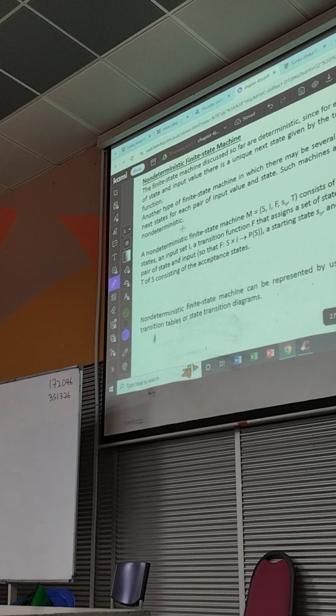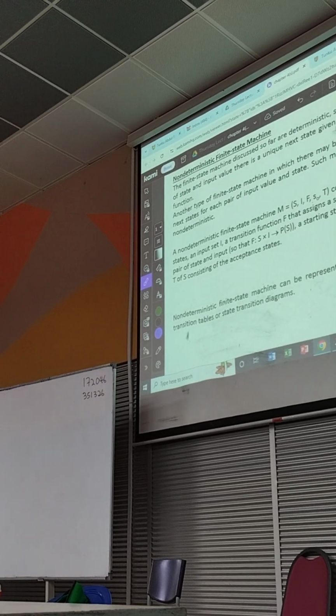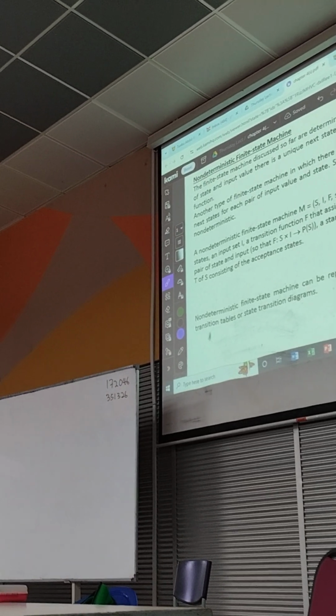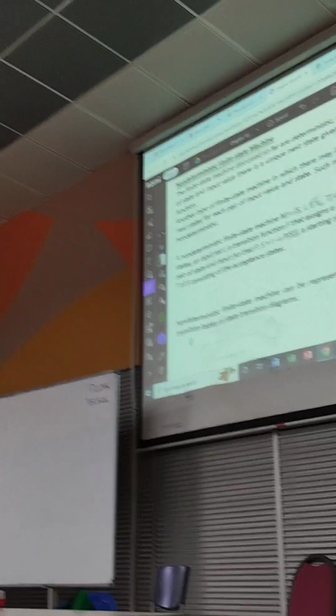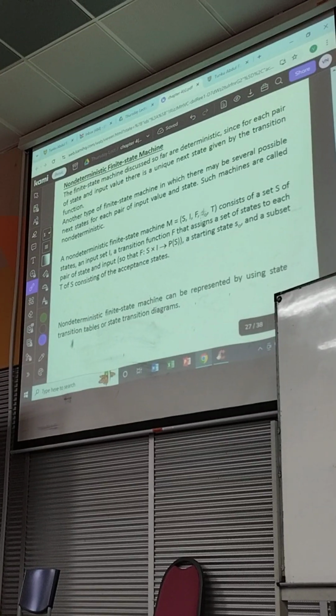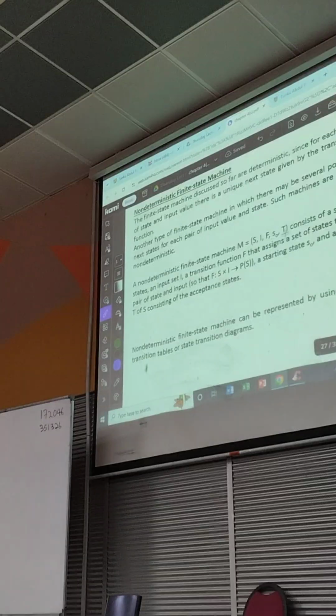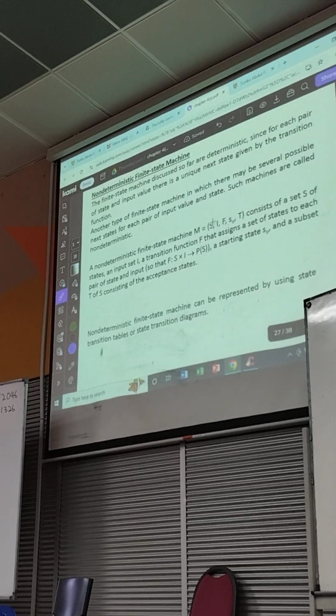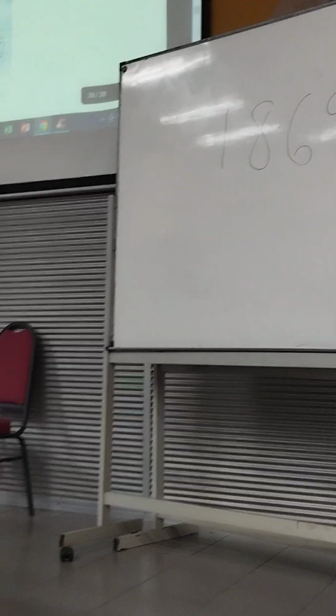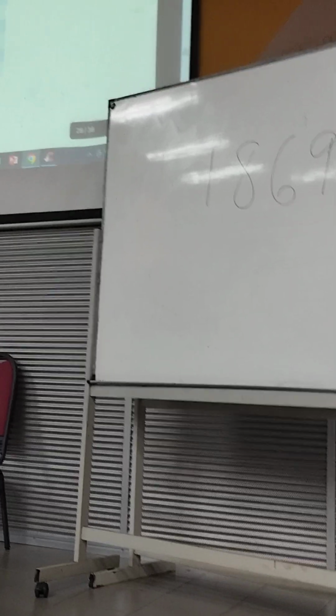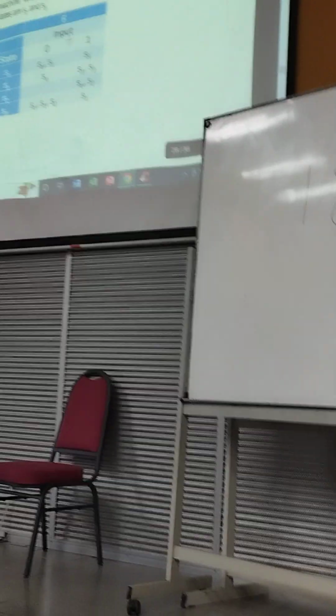So look at this here, the components are still the same, where we have the stack set, input set, stack transition function, starting stack, and the acceptance stack. The 5 components are still the same. So we will look at how to do this. Let's say you have this table, and we start with the easiest one, which is draw the stack transition diagram.